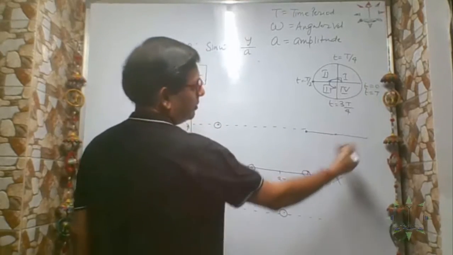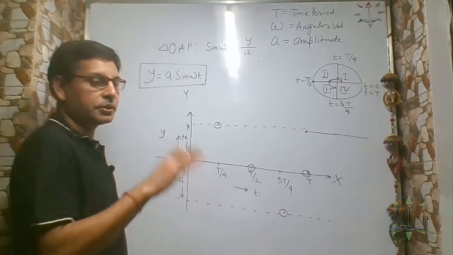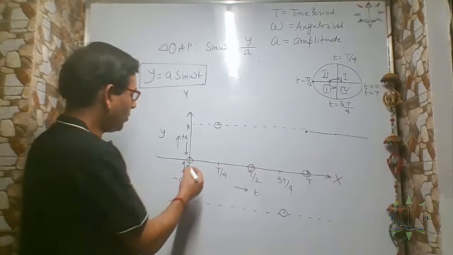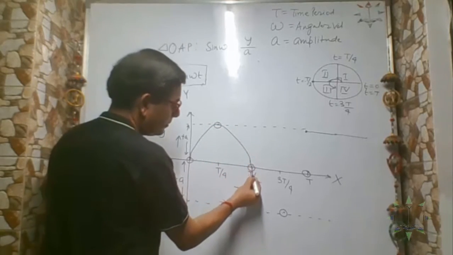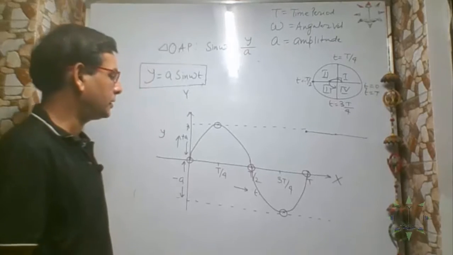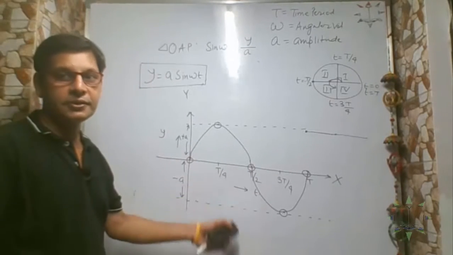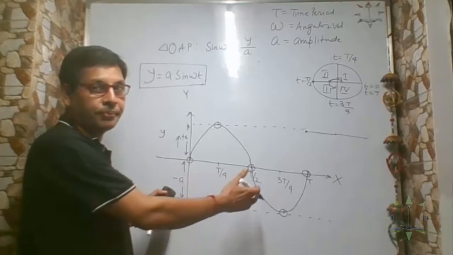It goes on. The particle will not stop, it continuously travels like this. Now if we draw all these points freehand, what do you see? It is a sine graph, a sinusoidal graph. It seems like a wave.